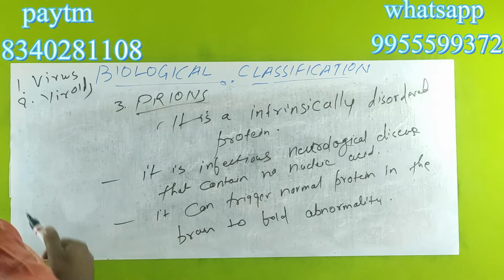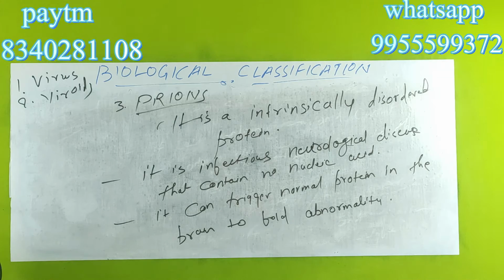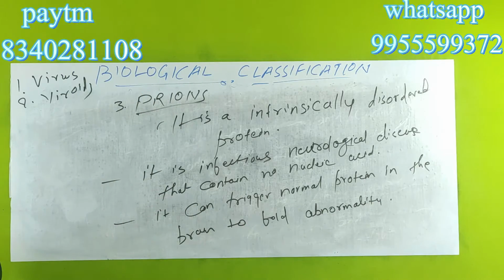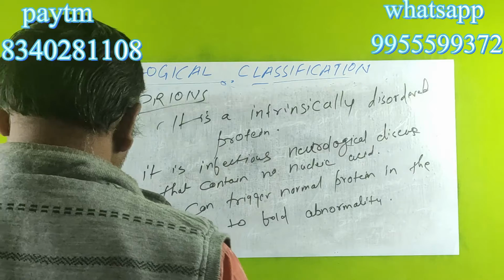So what do prions do? It affects our nervous system. It can trigger normal protein in the brain to fold abnormally. So prions, what does it do? It affects our nervous system.